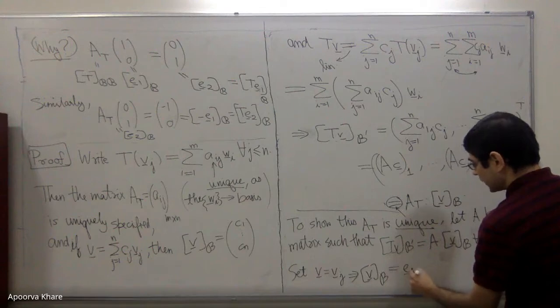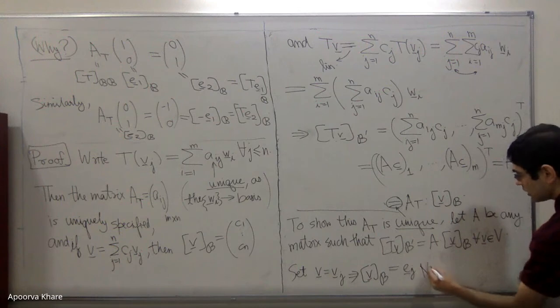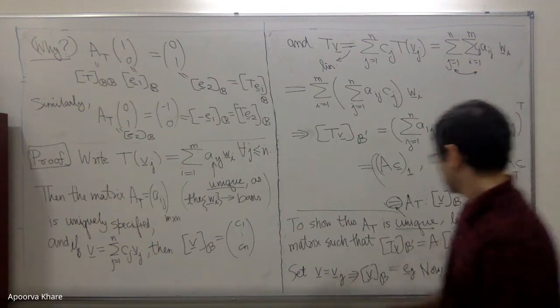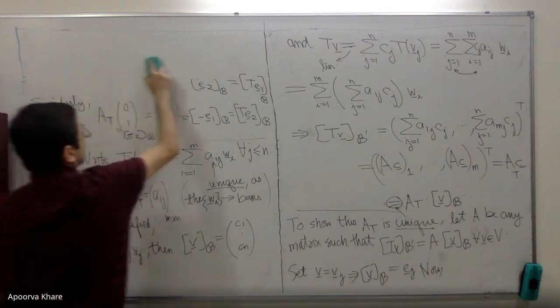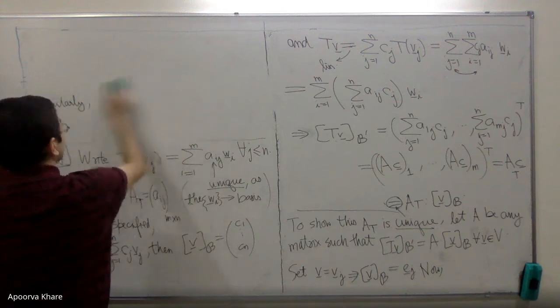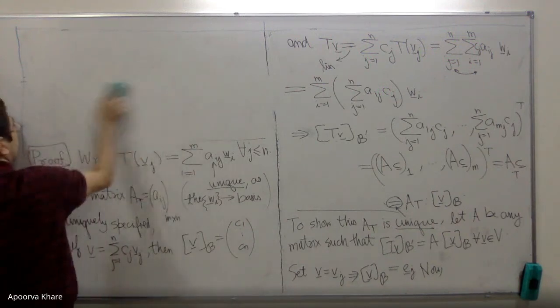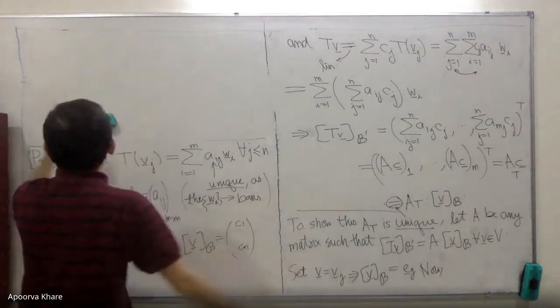So that means it has 1 in the jth coordinate and 0 elsewhere. Now let's calculate. This much should be enough to prove it. I want to use this Aij, so now let's write down A times BB.